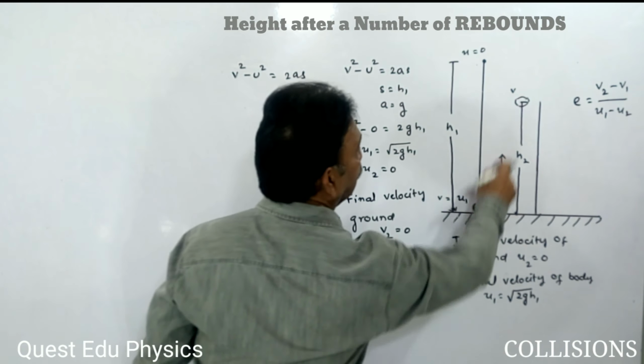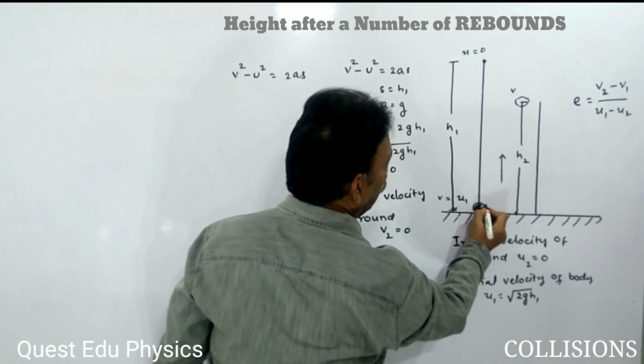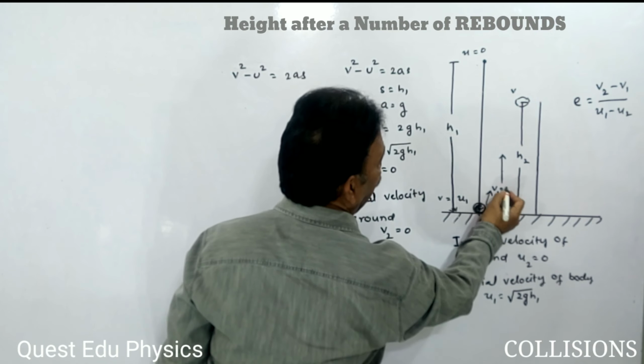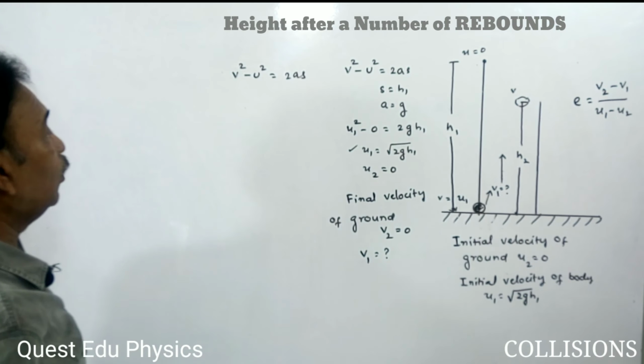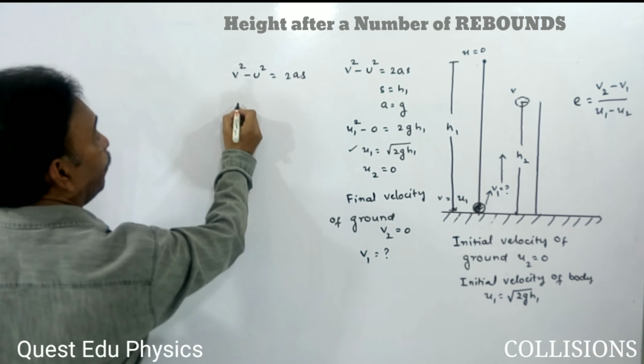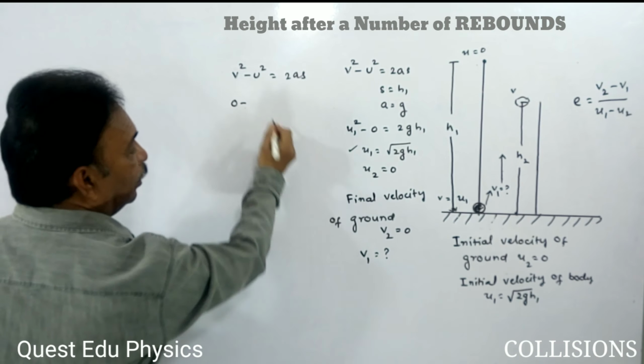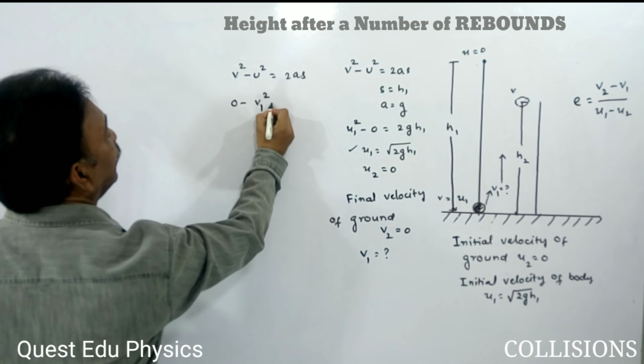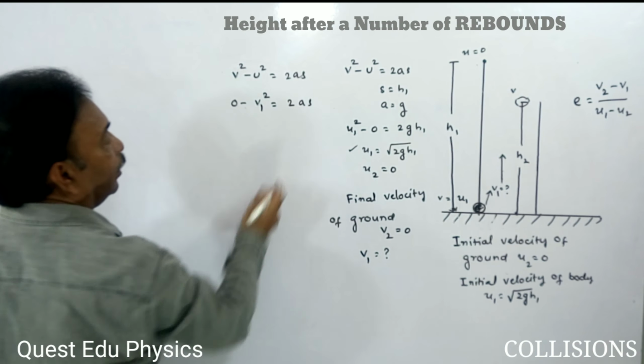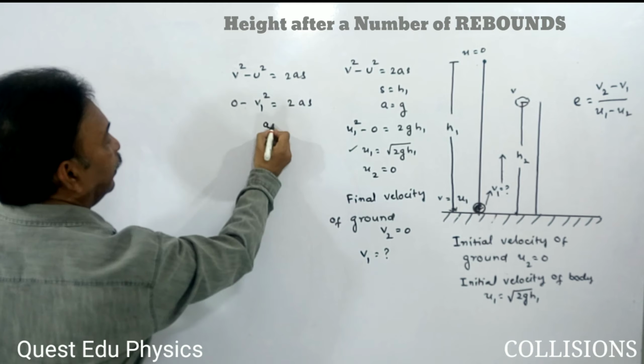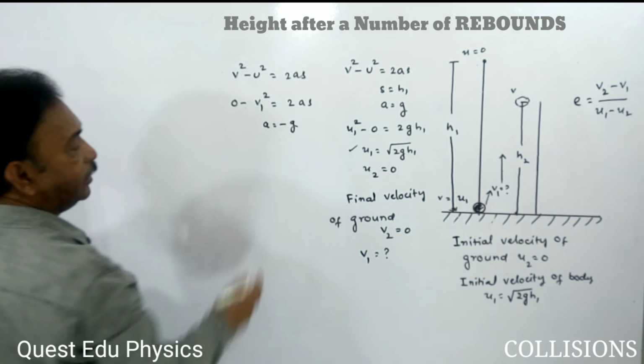After reaching this point, the velocity becomes 0 and it rises to a velocity of v1. Okay, students? And 0 minus v1 squared is equal to 2as, but it is rising up against the gravity. That's why a is equal to minus g.